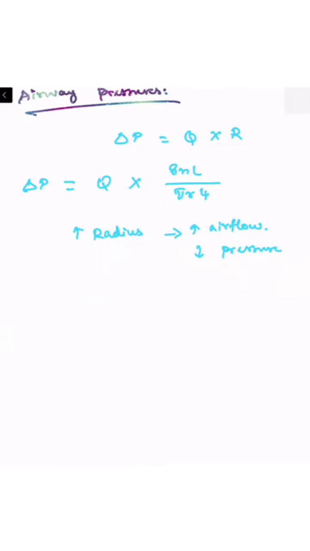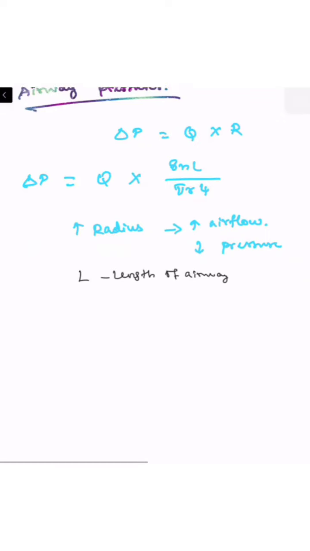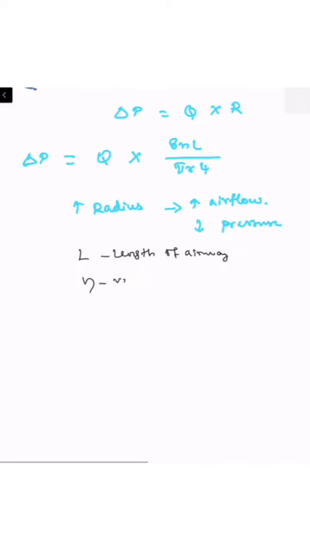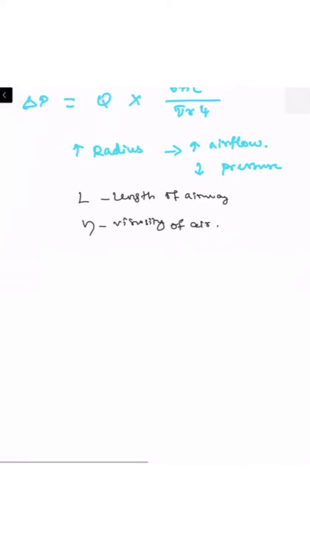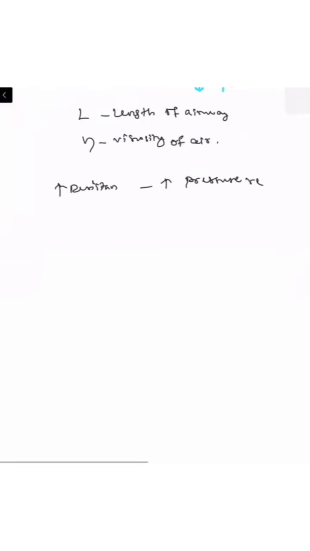In this, L is the length of the airway and rho n is the viscosity of the air. So finally, we can understand that whenever there is an increase in the resistance, there will be an increase in the airway pressure. So normally this is the normal lung alveoli.